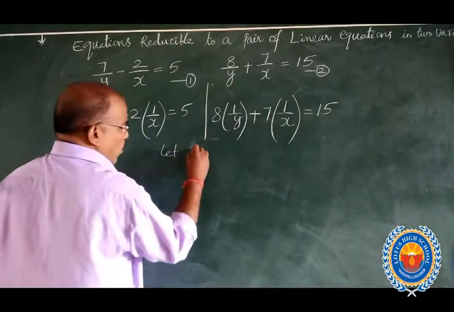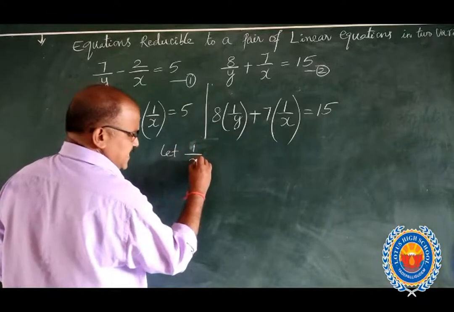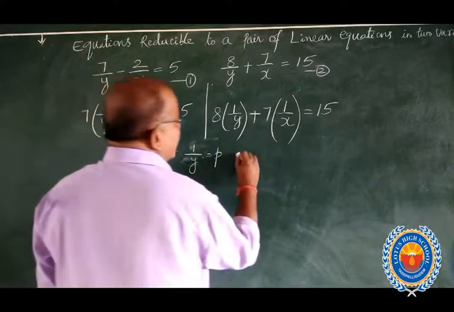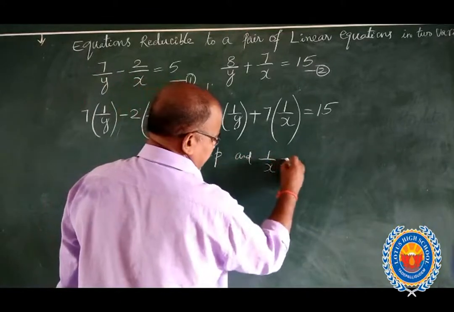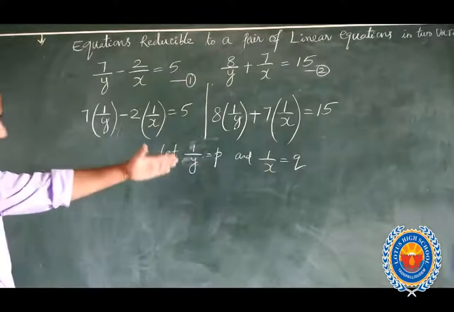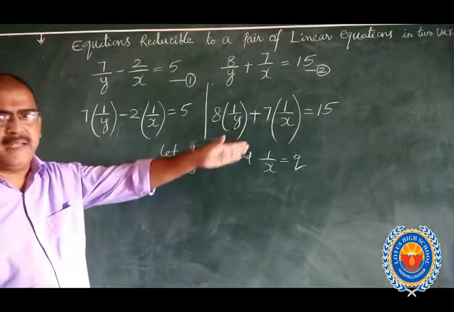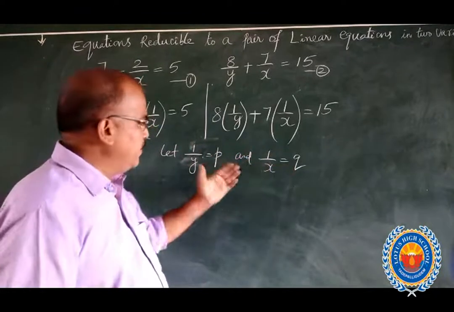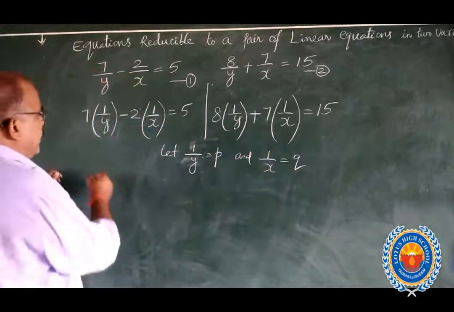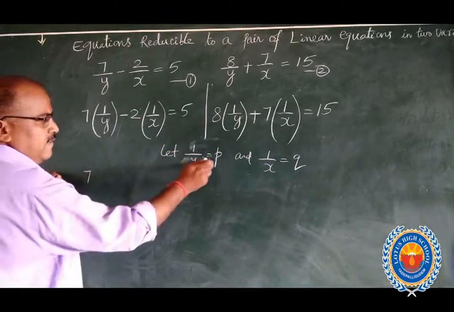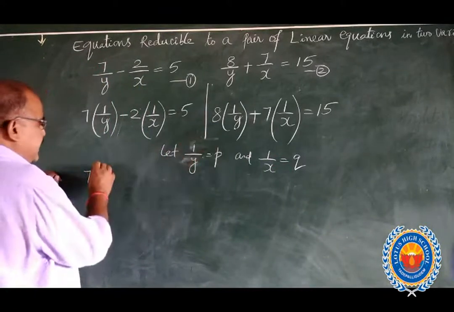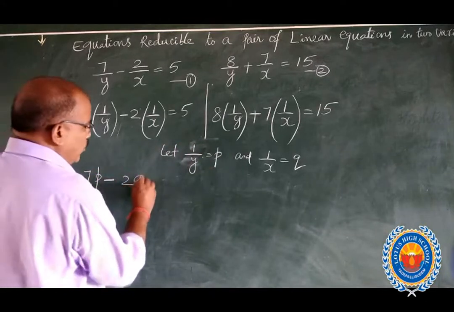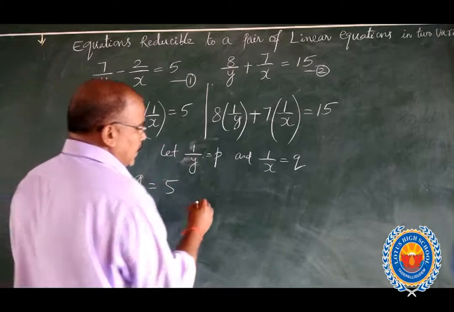Let 1 by y is equal to p and 1 by x is equal to q. Your wish, if you want, you can take 1 by x is equal to p and 1 by y is equal to q. No problem. Here 1 by y is nothing but p, that's why 7p minus 2q is equal to 5.